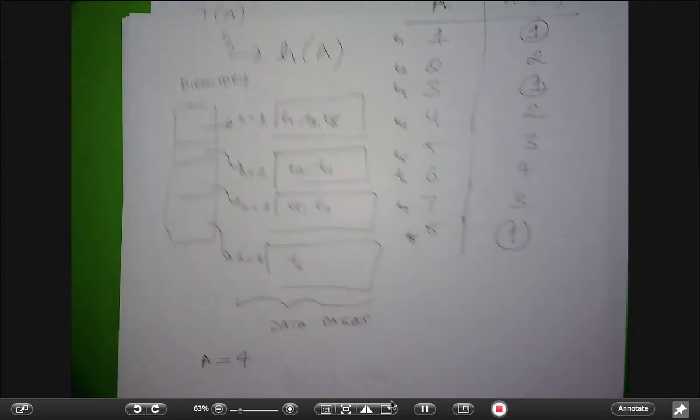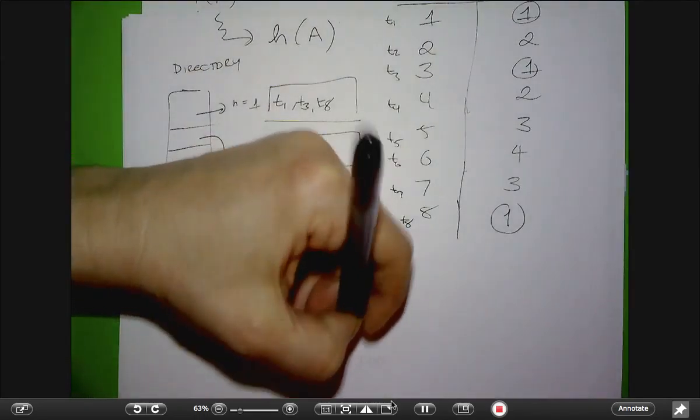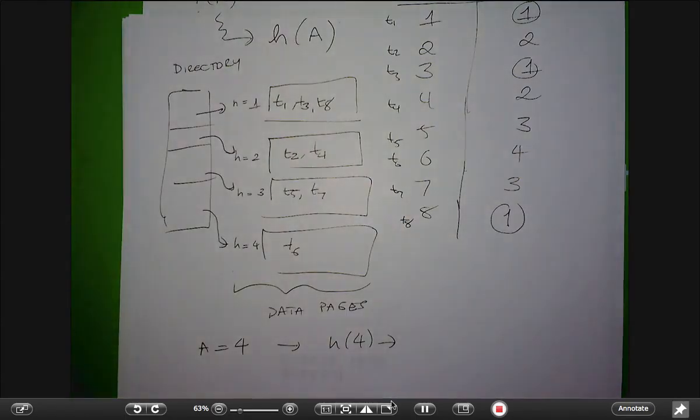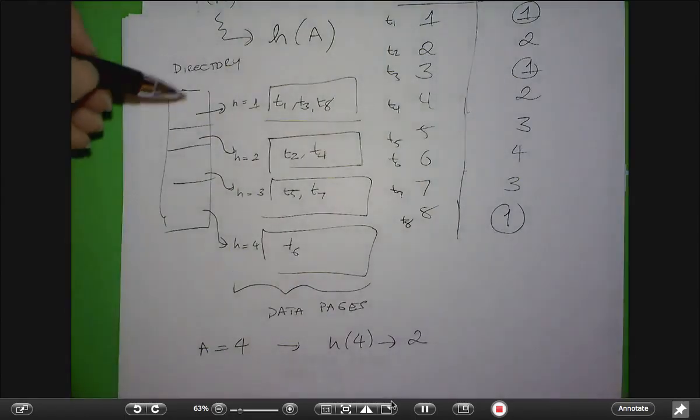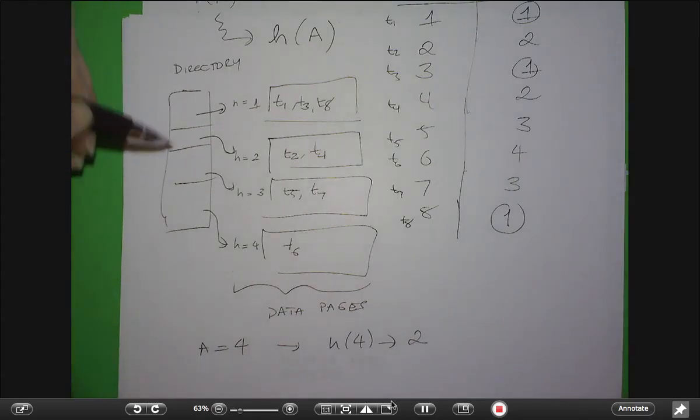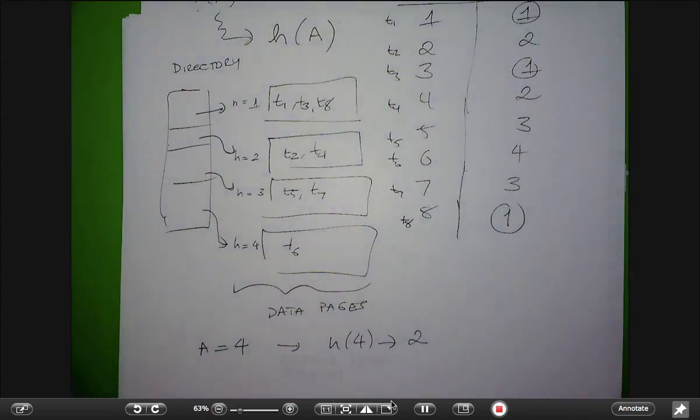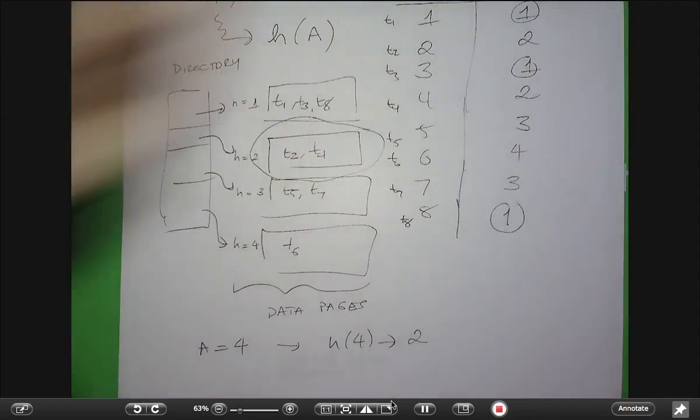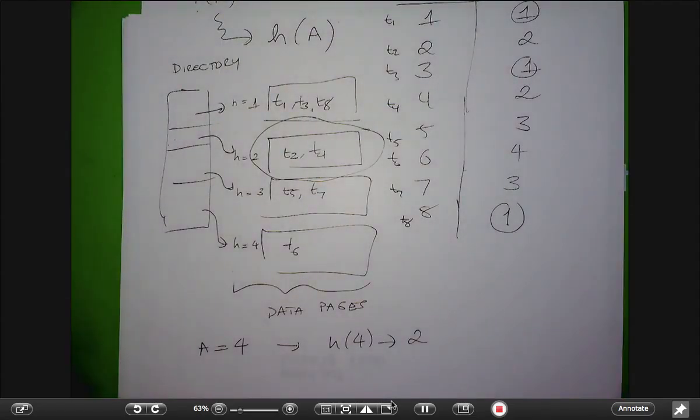What I will do is first apply H of 4 to find that it is actually 2. Then I'm going to go to my directory to find that H of 2 is stored in this page. Then I'm going to read this page. Generally the directory is in memory.